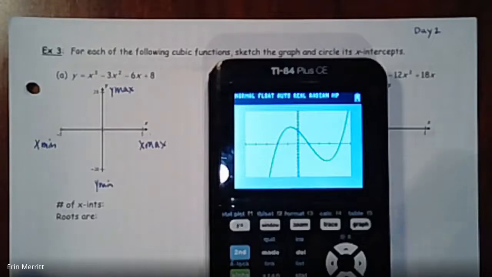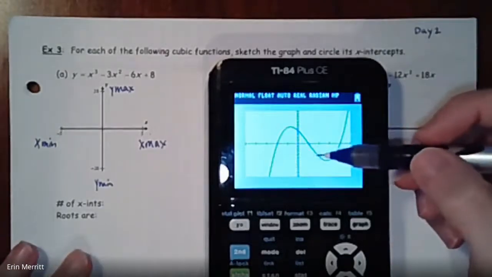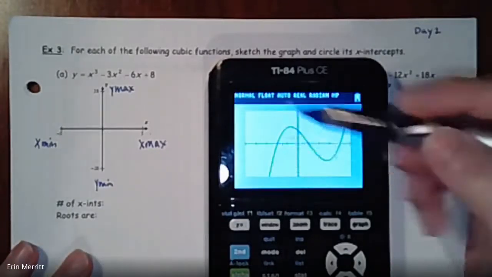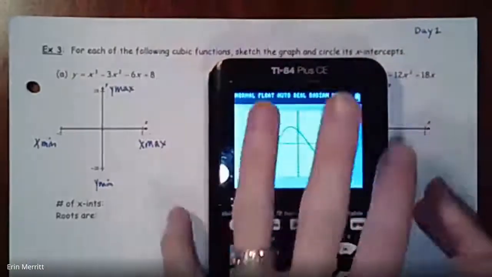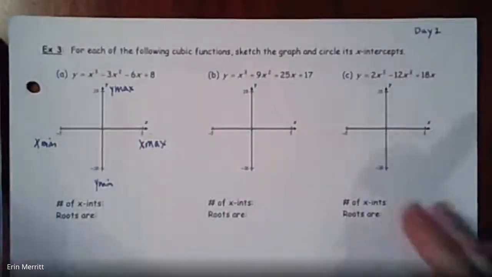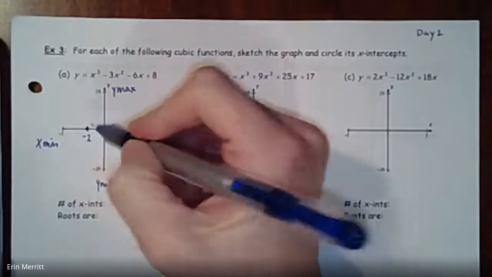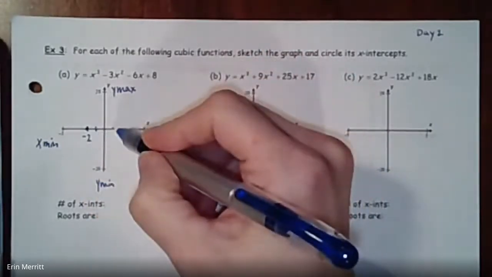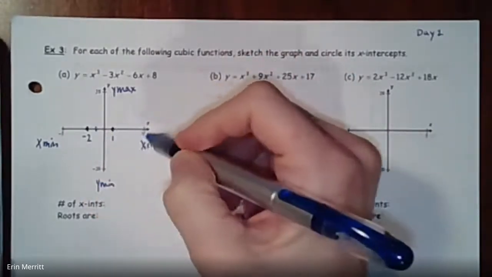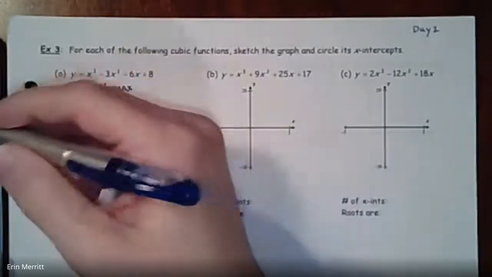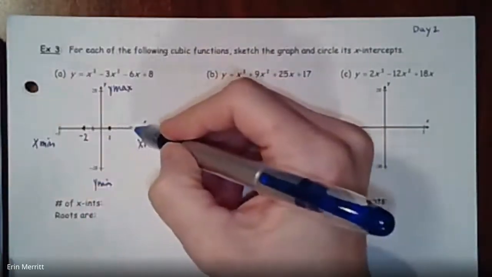So now when we sketch it, you should be able to see where your x-intercepts are. So my x-intercepts are clearly over here at -2. I'm just going to move my calculator because I'm right-handed and it's in my way. So back here at -2, and then it looks like it's crossing here at +1, and then again at 4.